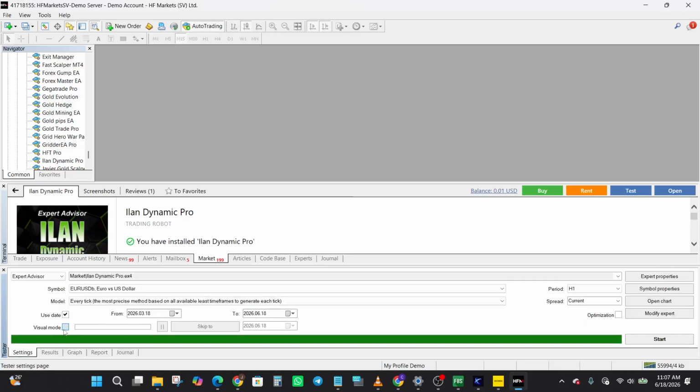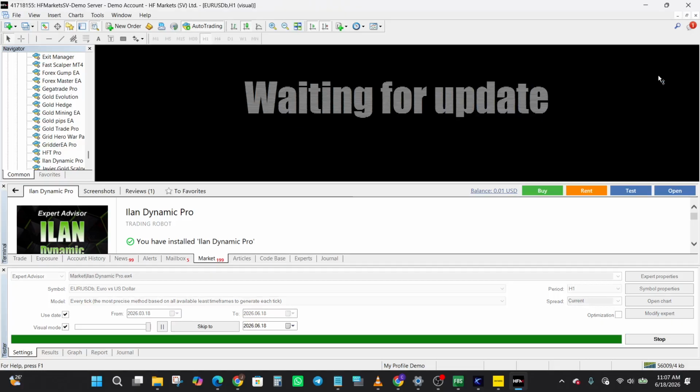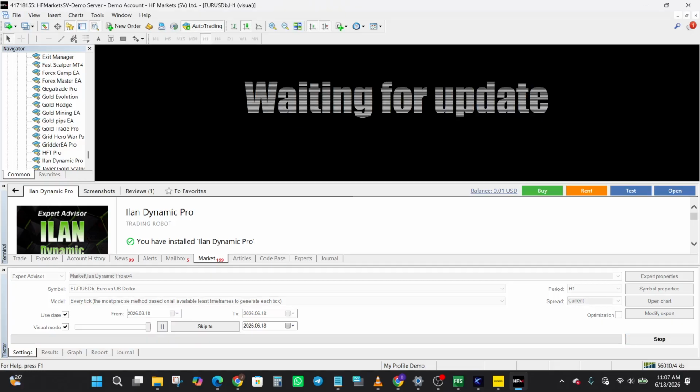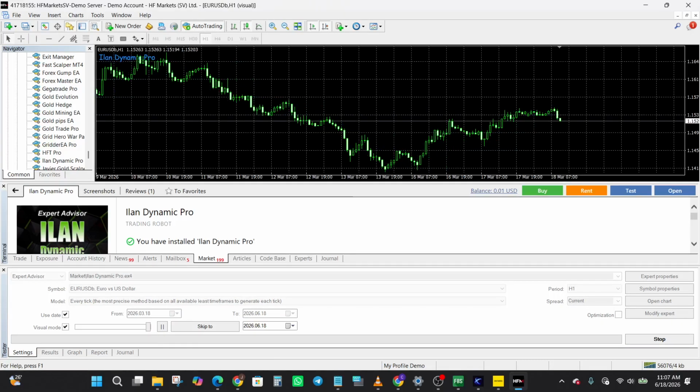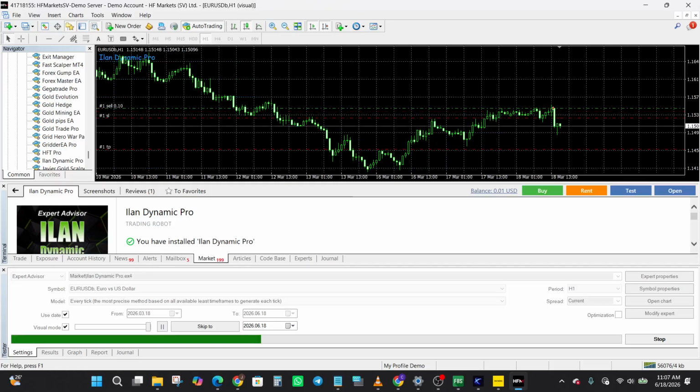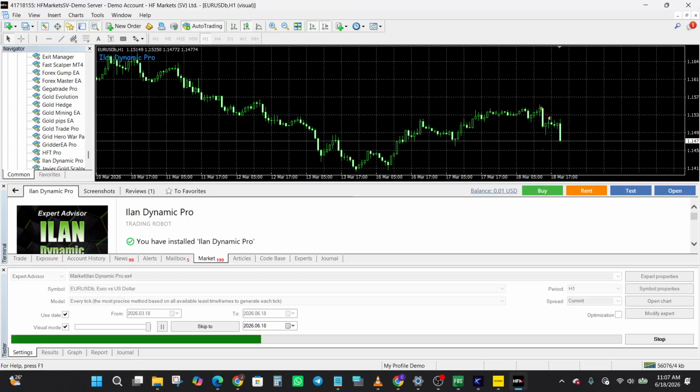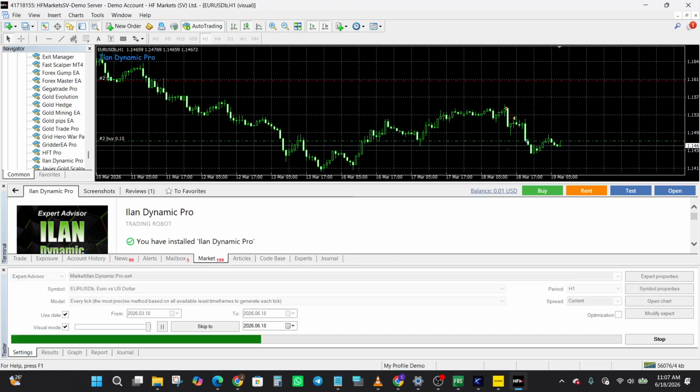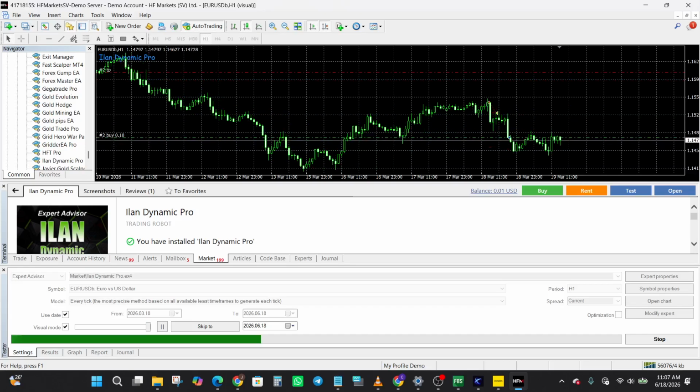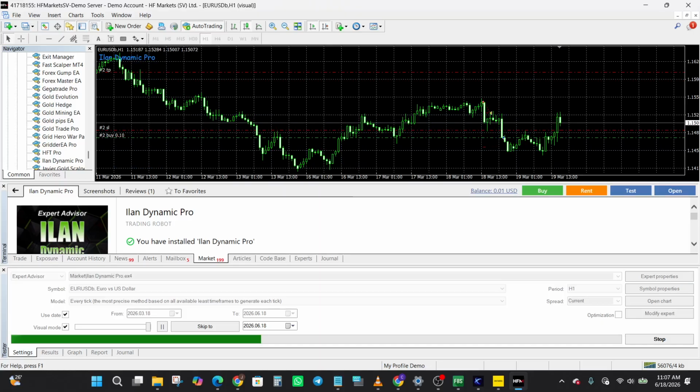Now let's turn on the visuals and see how this EA looks in action. So based on the marketplace description, the EA can dynamically adjust parameters and manage groups of positions toward a common take profit objective.